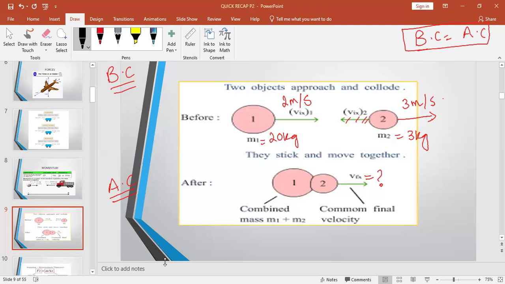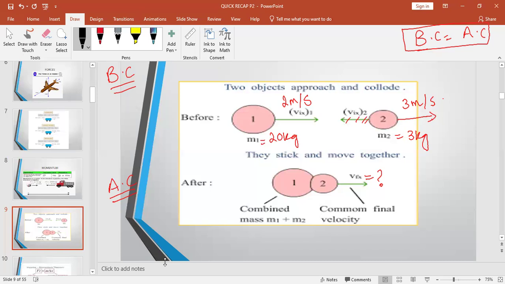So what is the answer of before collision? 20 times 2 is 40. Then for the second one, it's 9.